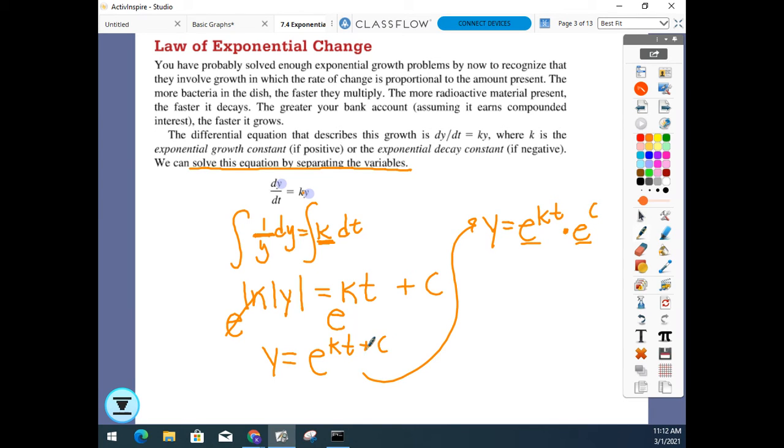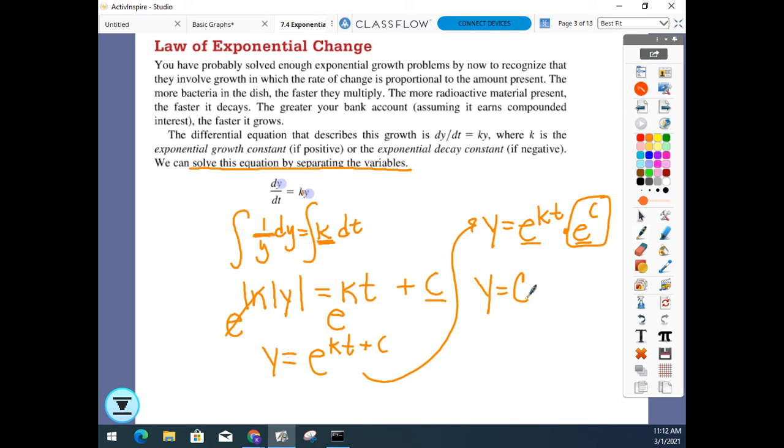I'm going backwards, separating the exponents into 2 separate bases of e. And e to a constant is also just a constant. They're different constants, but it's representing a constant.